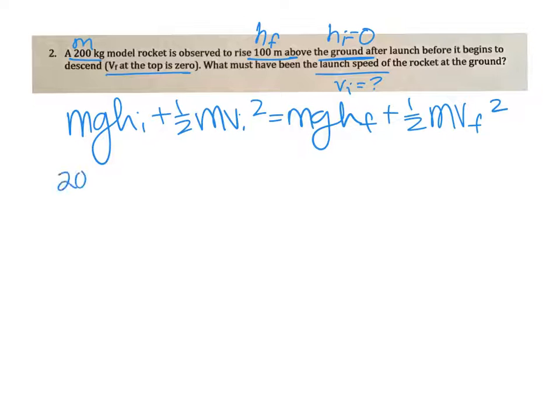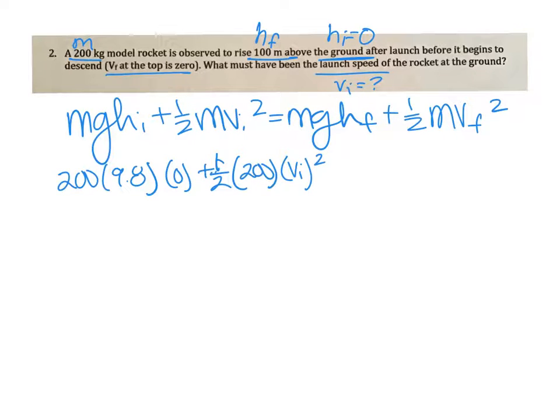We have 200 times 9.8, and our initial height was 0, plus 1/2 times 200 times vi, because we don't know that yet, that's what we want to solve for, equals 200 times 9.8 times 100 for our final height, plus 1/2 times 200 for our mass, times our final velocity, which was 0.